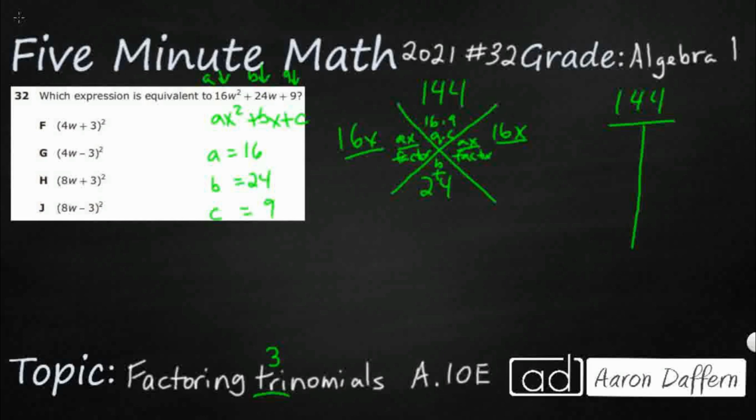All right, so let's list out my factors of 144 and my 24. That's going to be 1 and 144, no. 2 and 72, no. 144 is divisible by 3. 3 and 48. It is divisible by 4. 4 and 36.